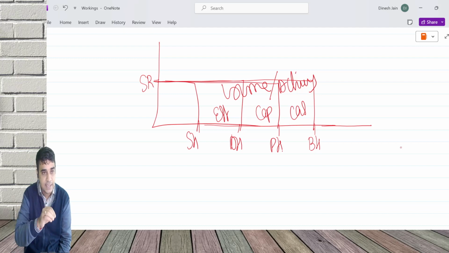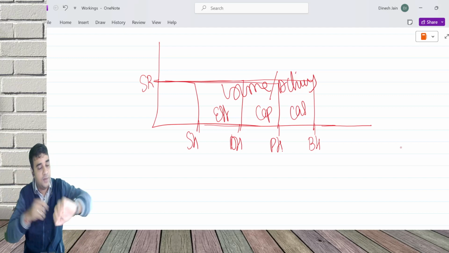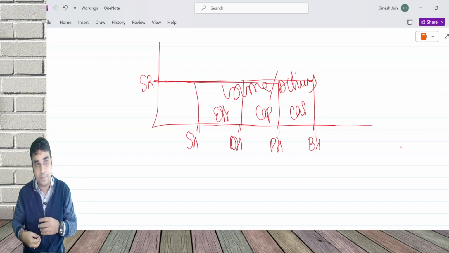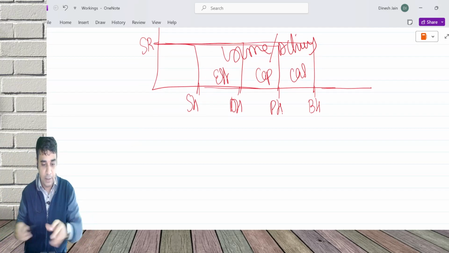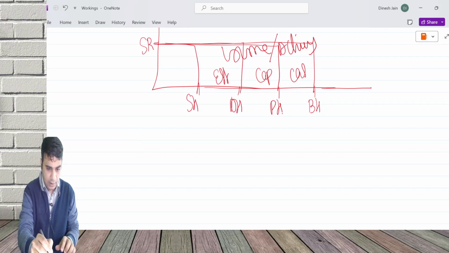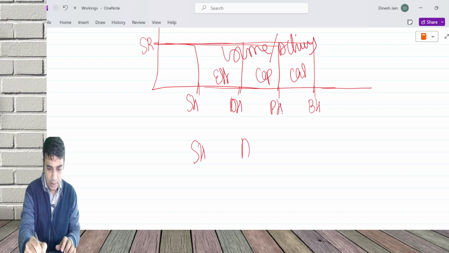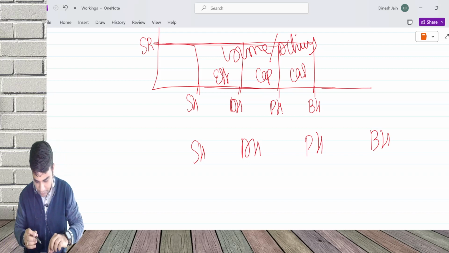Volume: SH by BH into 100. We are going to do it in percentage terms, so into 100, and we have to divide. No minus, ratio is division. Clear? Let's do the table now. The computation table will have SH, AH, PH and BH.